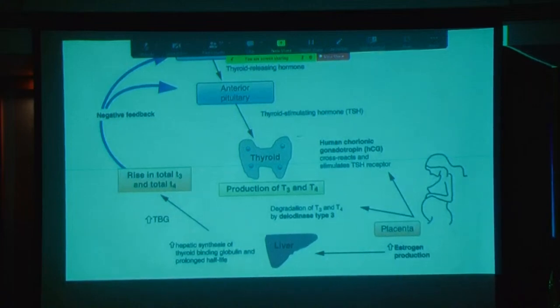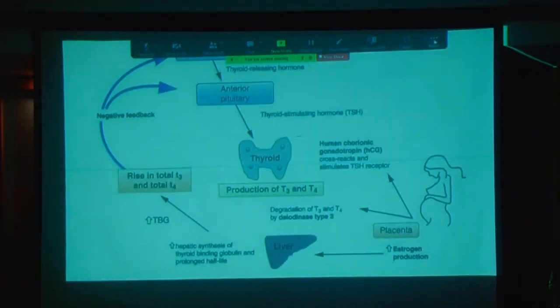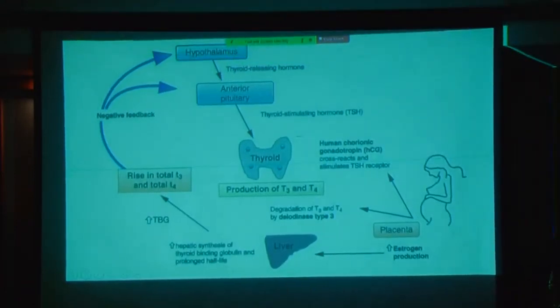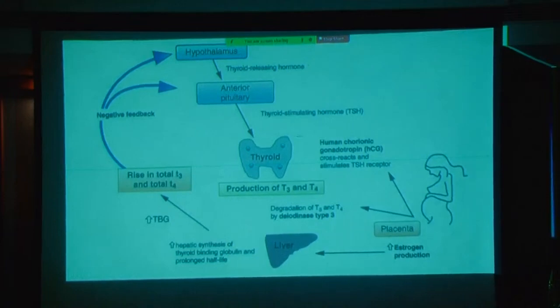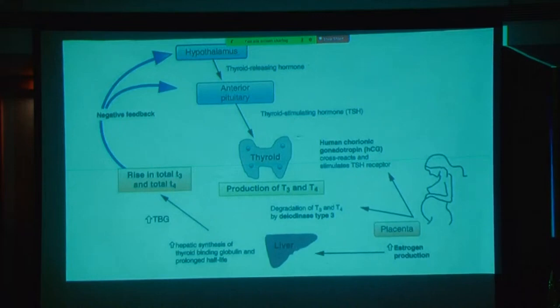HCG is a glycoprotein which has an alpha and beta subunit. The alpha subunit has a structural similarity with FSH, LH and thyroid stimulating hormone. So it acts like a thyroid hormone.